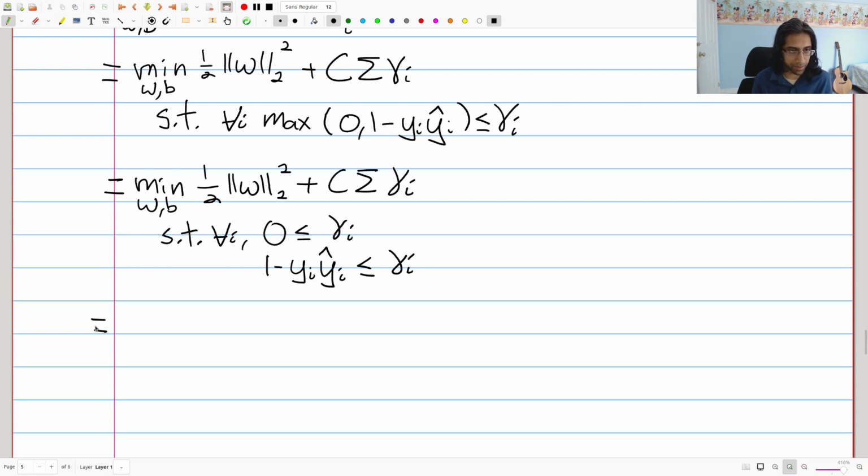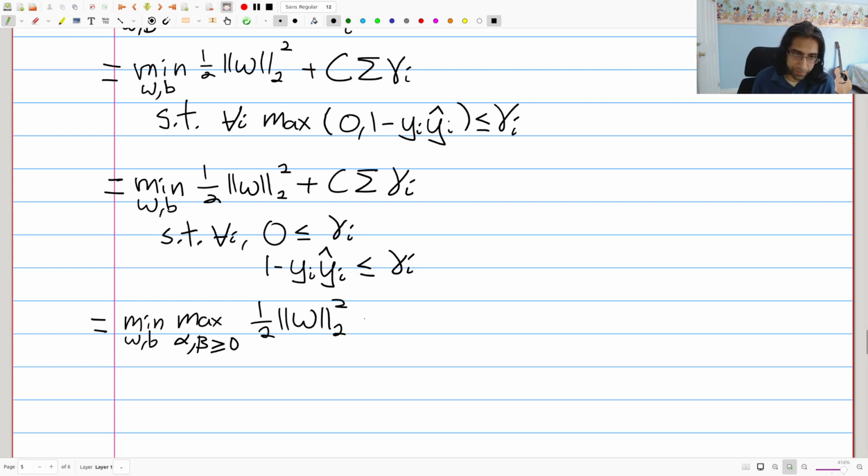This can be written as min over W, B, and now we're going to have max over, since we have two types of constraints, two types of dual variables. Alpha kind of takes the same role as before, but now we also have beta, and we want these both to be non-negative.